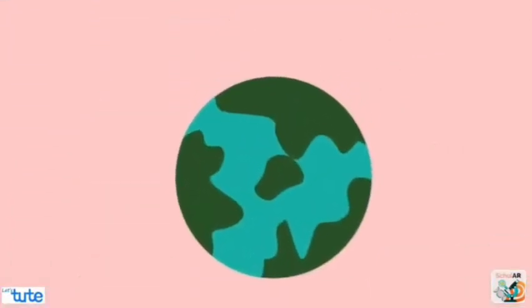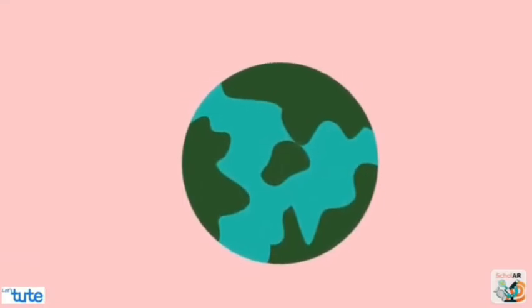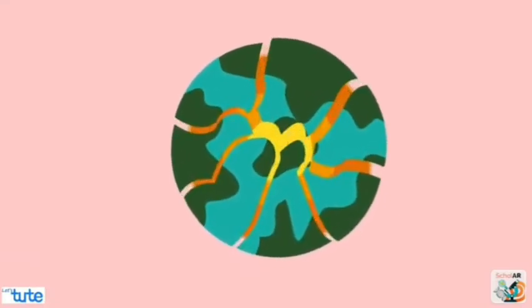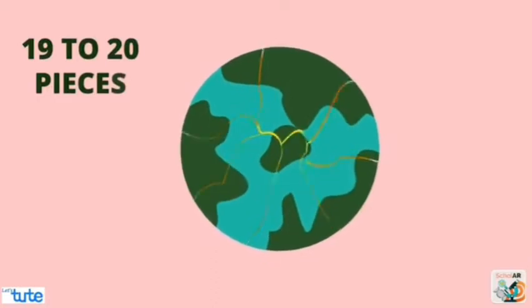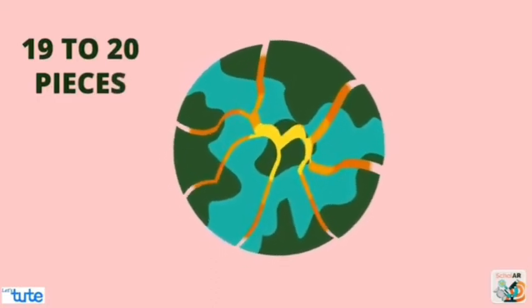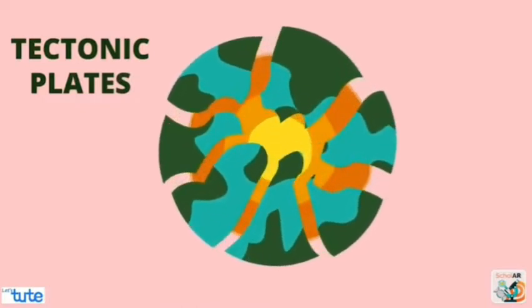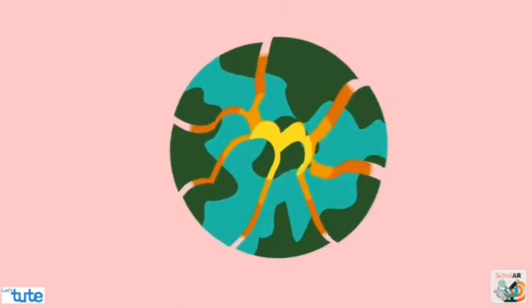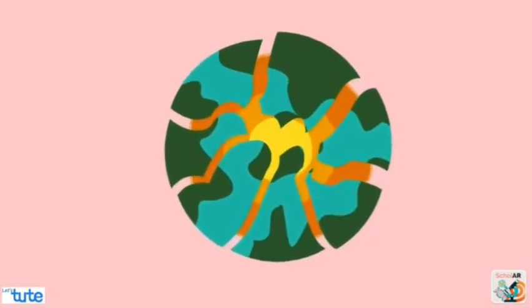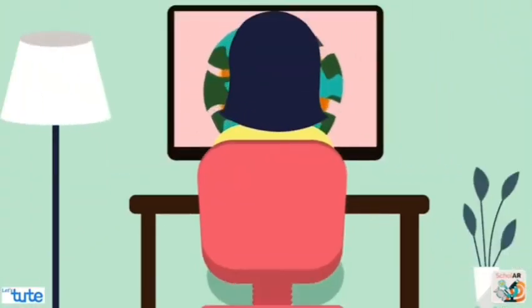Earth is not just one piece. It is made up of jigsaw puzzle-like pieces, around 19 to 20 of them, which are called tectonic plates. These plates are placed on a hot, partially molten layer of Earth's mantle. This is the reason why these pieces are continuously moving. They are moving as you are watching this video.